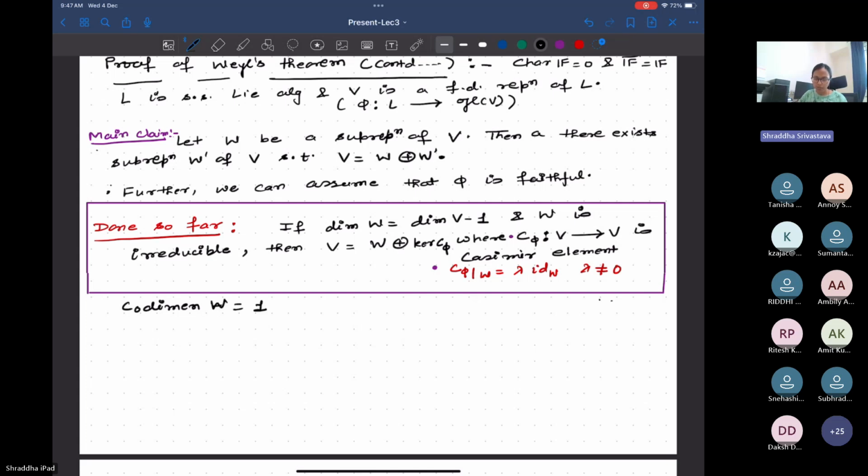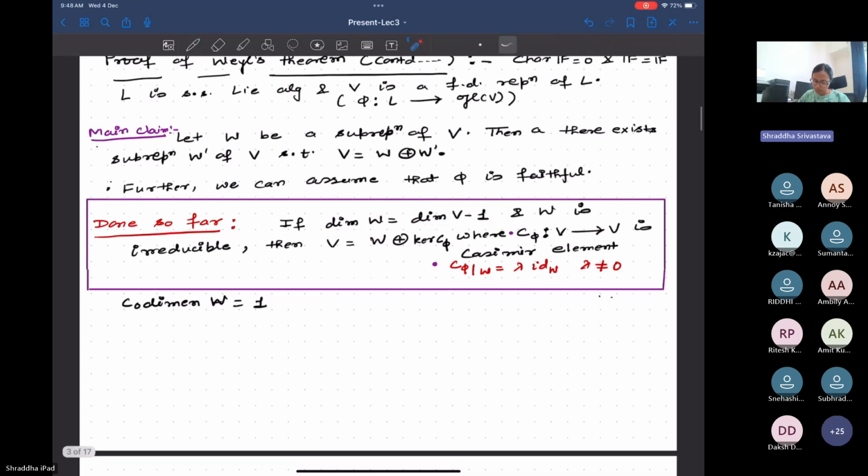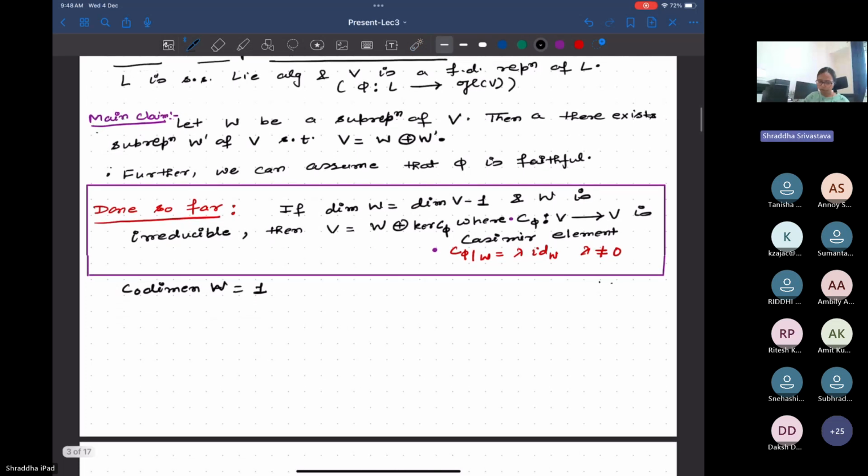The co-dimension of a vector subspace is the dimension of V minus the dimension of W. So I may just keep saying this co-dimension thing. Having proved this in a specific case, let us move on.